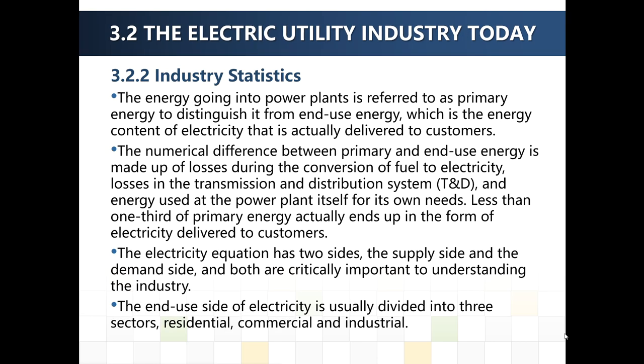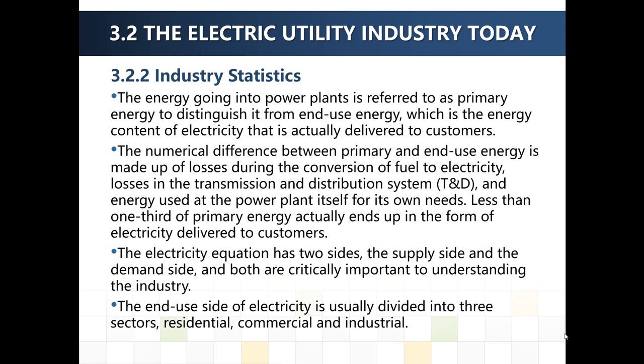Section 3.2.2, industry statistics. The energy going into power plants is referred to as primary energy, to distinguish it from end-use energy, which is the energy content of electricity that is actually delivered to customers.